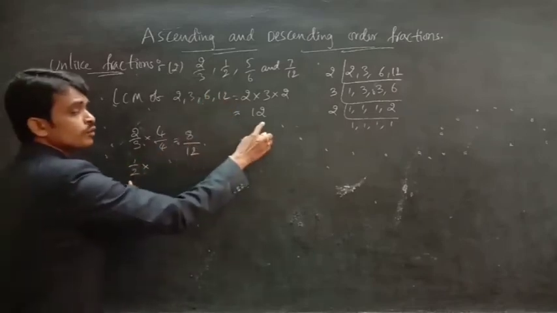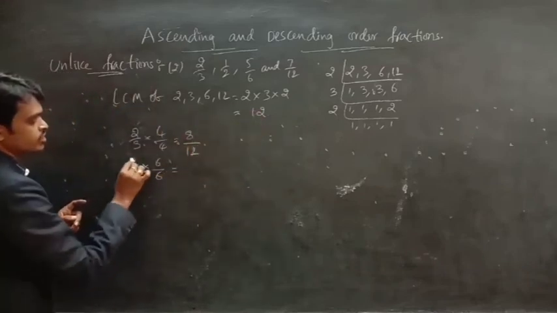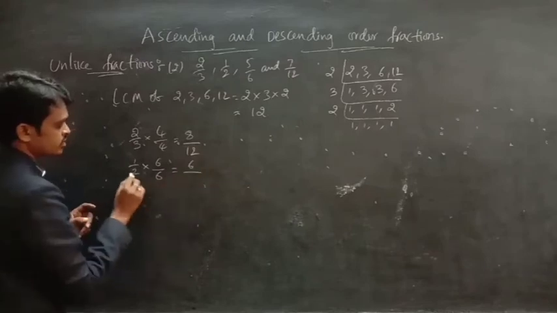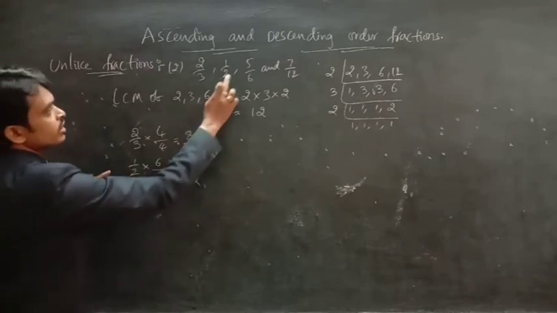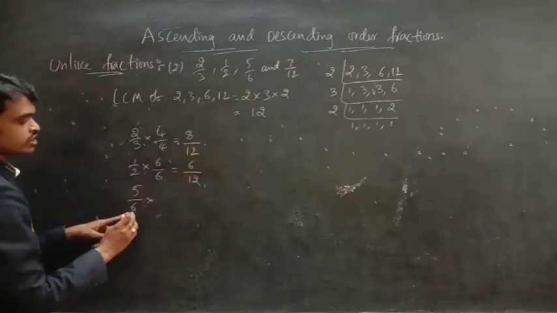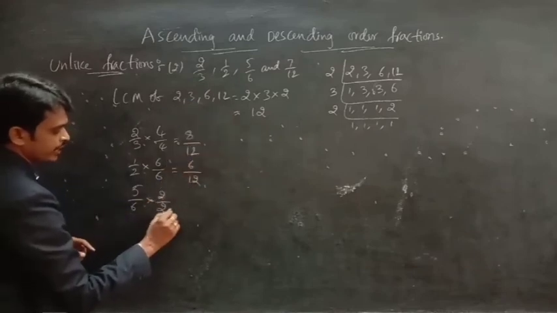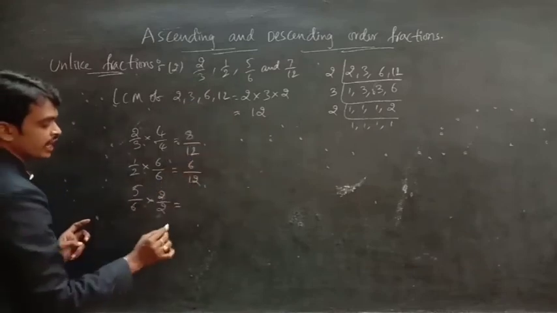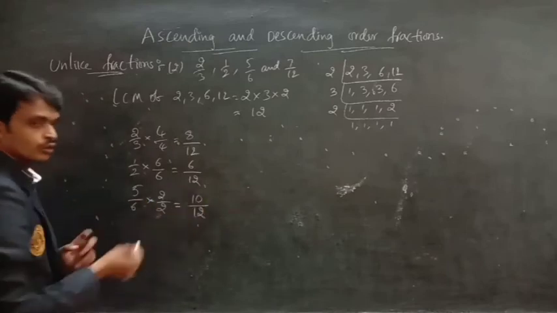In the 2 table, 12 comes 6 times. 6 by 6. 1 into 6 is 6, by 2 sixes are 12. Next fraction is 5 by 6. In the 6 table, 12 comes 2 times, so 2 by 2. 5 twos are 10, by 6 twos are 12.